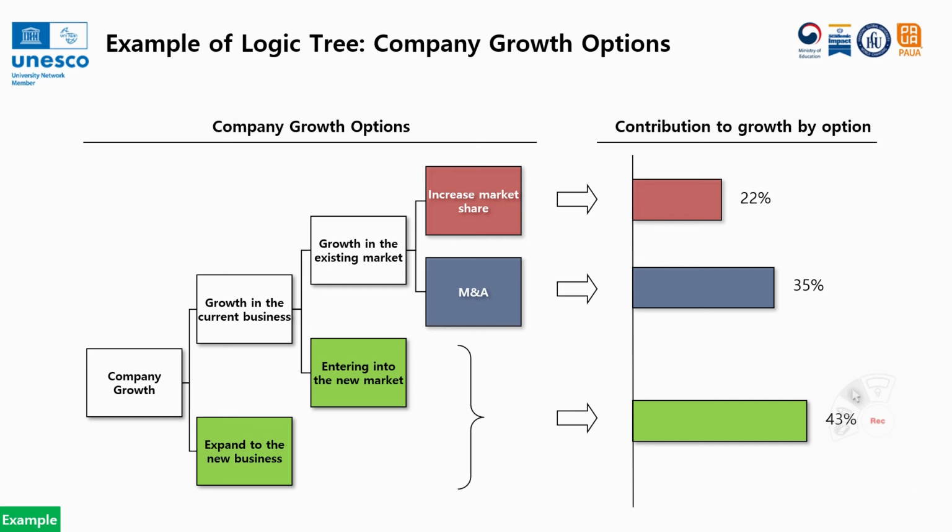On your right hand side, that's the contribution to growth by option. The chart is a summary of the actual research of company growth options, and that's in some timing, that's the actual numbers.